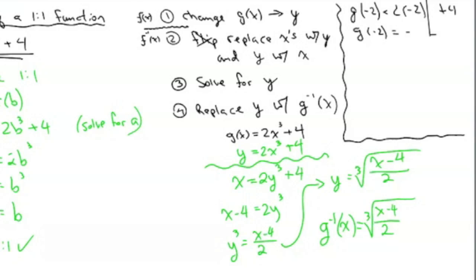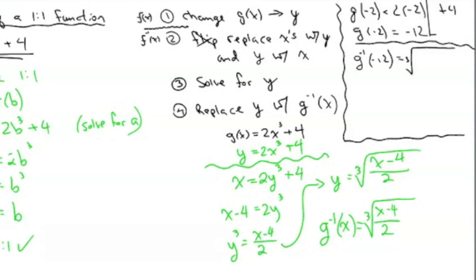Now if I do g inverse of negative 12, what do you think the answer is going to be? It's going to be negative 2. Because that's where I started. I started at negative 2, I ended at negative 12. If I start at negative 12 in the inverse, I better end up at negative 2.